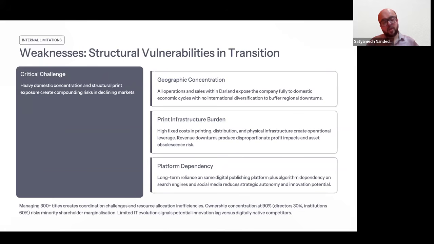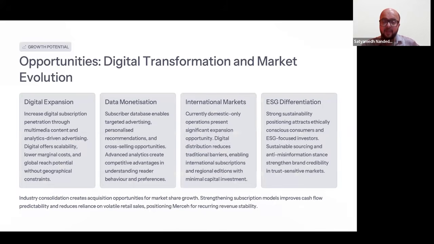There is minority shareholder marginalization in the sense that institutional investors have 50%, directors have around 30%. So sorry, it is a 60-30 split, right? So your retail investors have only 10%. So technically they have no say in how the operations of the company are working.